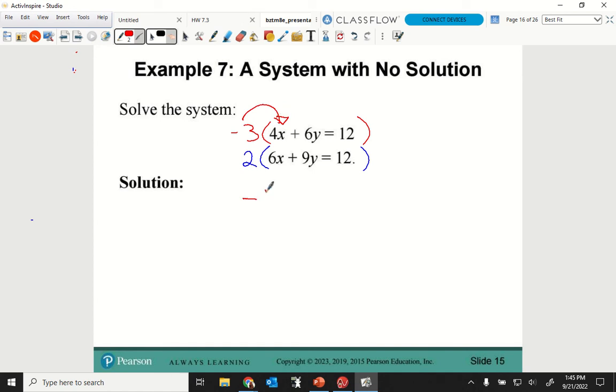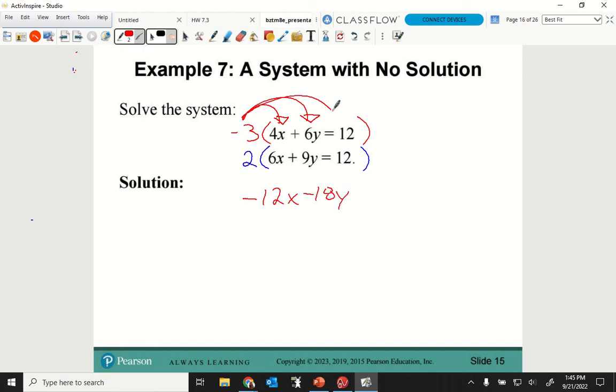So bring that down, -12x. Then -3 times positive 6y is -18y. So I get negative 18y.